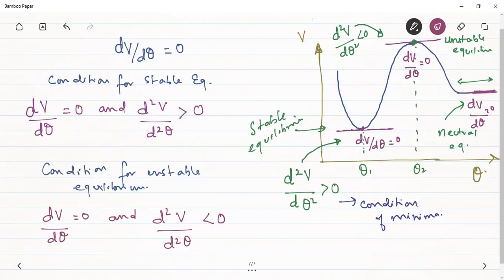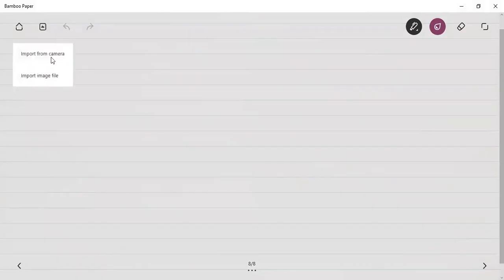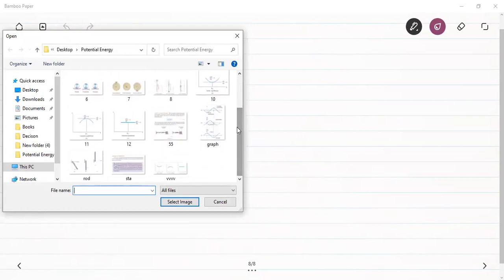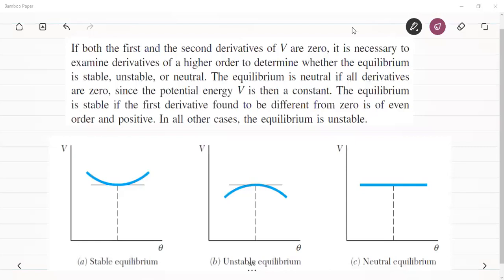Now let's see what is the condition for neutral equilibrium. What do we have to do? Let's read the statement first. If both the first and the second derivative of a potential energy function are 0, it is necessary to examine the derivatives of higher order to determine whether the equilibrium is stable, unstable, or neutral.